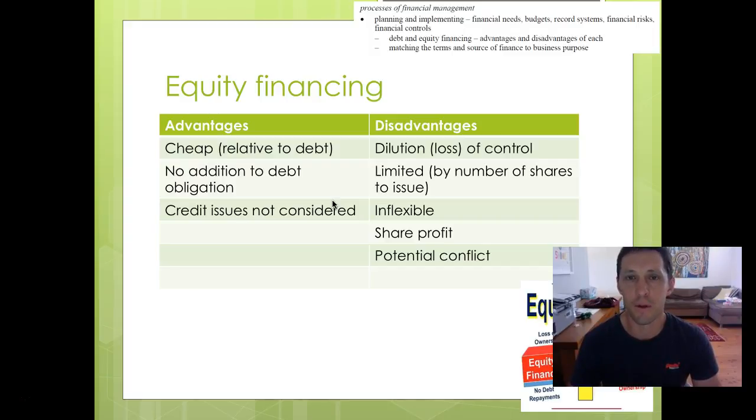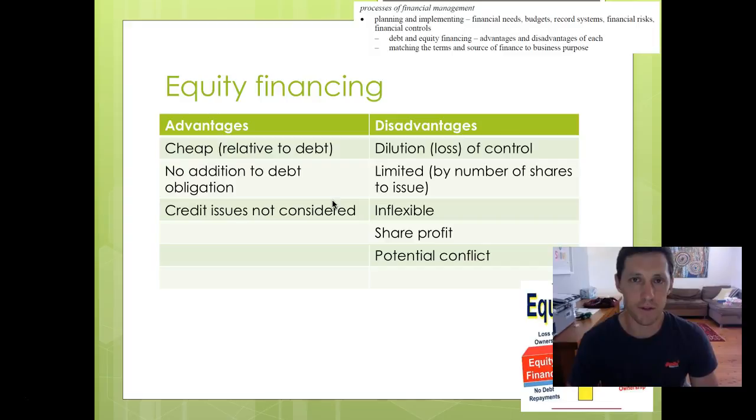A Commonwealth Bank with a very good credit rating versus a small public company which might have a questionable credit rating. And remembering, a credit rating is a record of your ability to pay back loans historically. But for the purposes of actually issuing equity versus debt, an advantage of equity is that your credit worthiness or your credit issues that may exist in the past will not be considered.